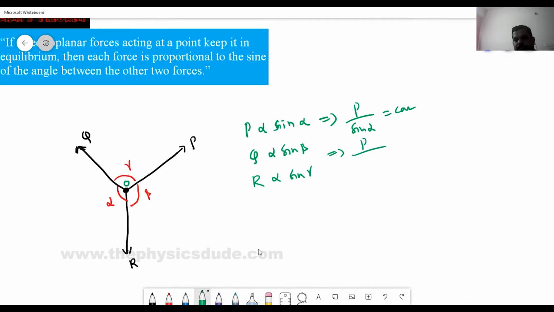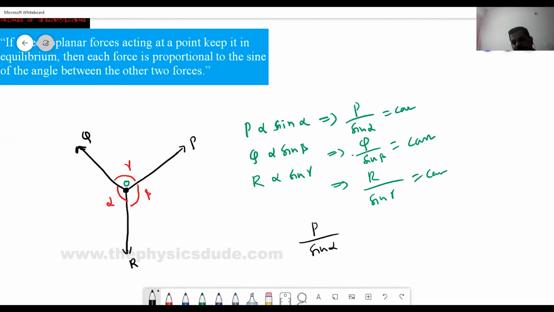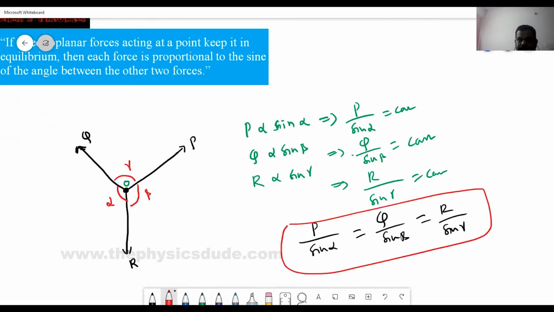Similarly, Q by sine beta is a constant, and R by sine gamma is equal to a constant. So overall, P by sine alpha is the same as Q by sine beta, the same as R by sine gamma. This is the actual statement of Lami's theorem.